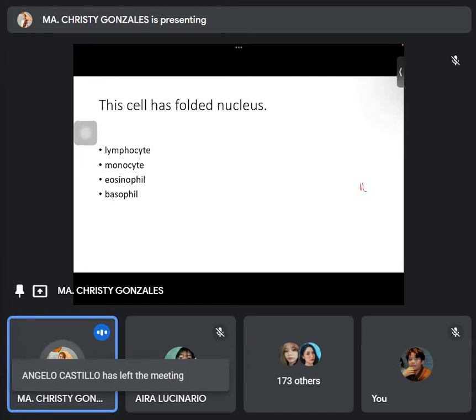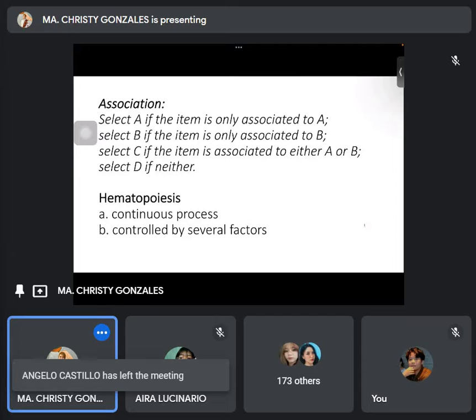Another association. Hematopoiesis is a continuous process and it is controlled by several factors. Both of these are true, right? Hematopoiesis repeats from renewal to proliferation, differentiation, maturation, and then again.